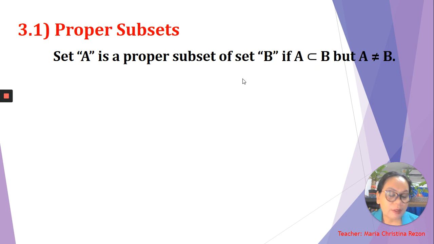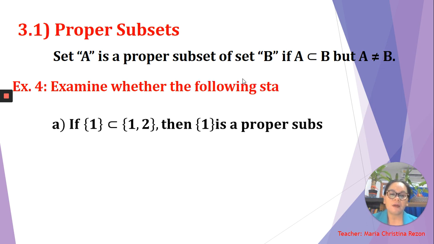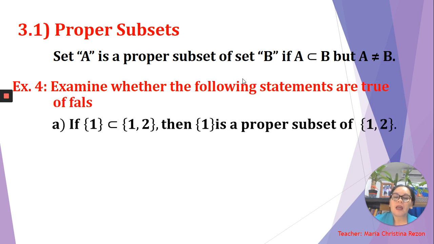So let's have some statements here and analyze each statement if it is true or false. Examine whether the following statements are true or false. For the first statement, we have if set {1} is a subset of set {1, 2}, then set {1} is a proper subset of set {1, 2}.